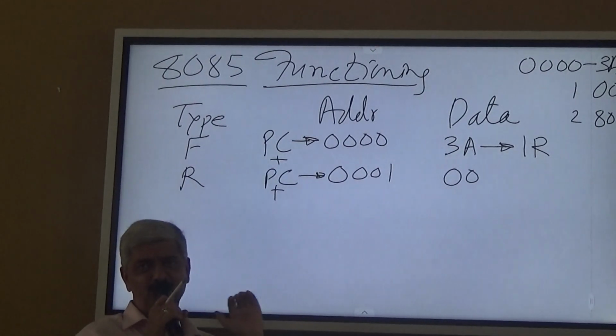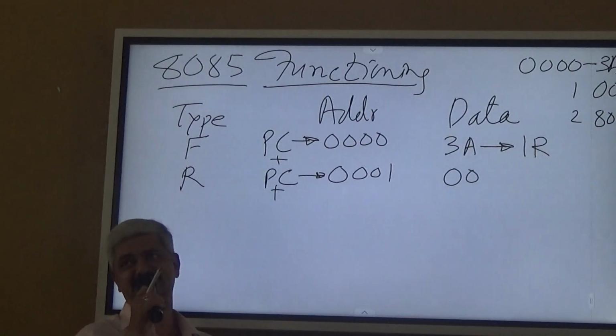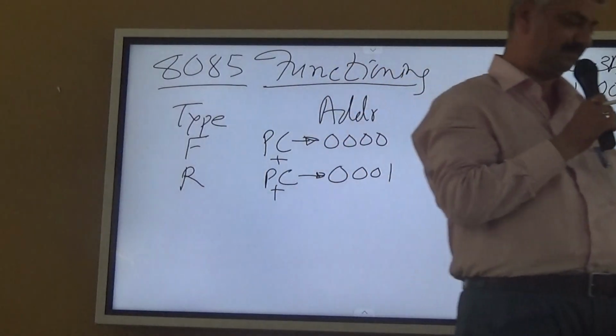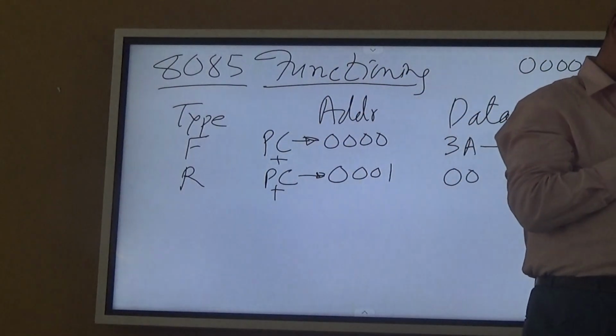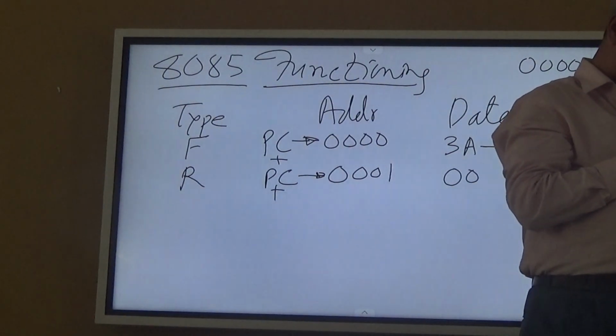So if I now put 00 to register C, what kind of irreversible and undesired effect will take place? यात एवढं सांगितलं तर तुम्हाला उत्तर यायलाच पाहिजे. If this 00 goes to register C, what kind of undesirable and irreversible effect will take place?